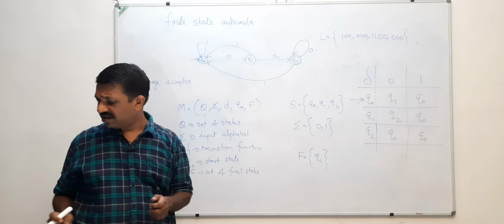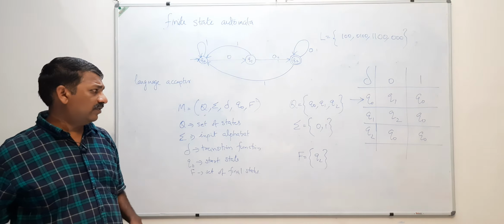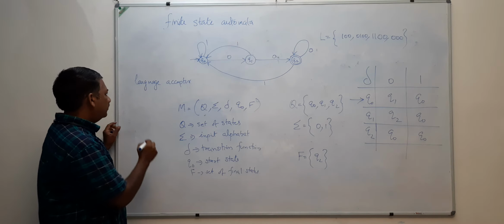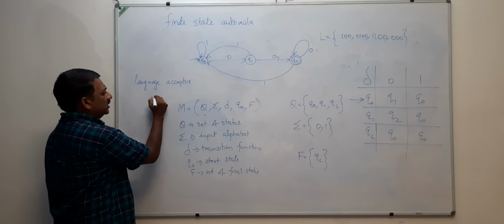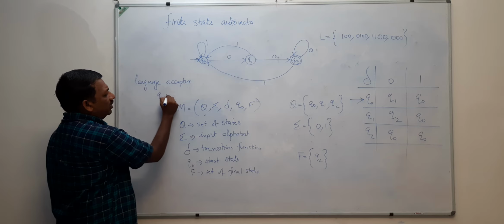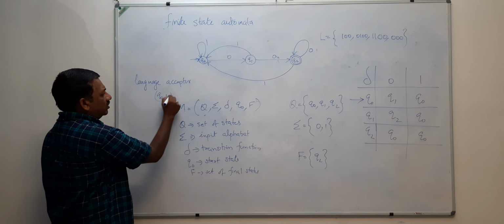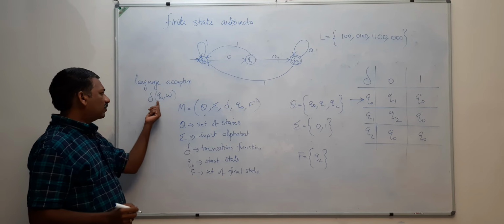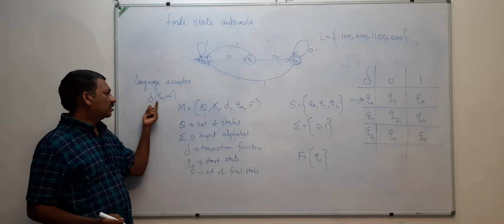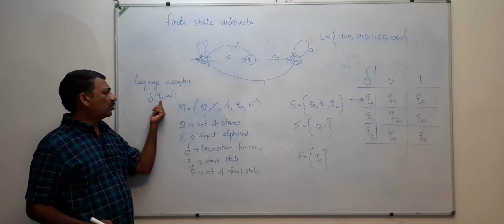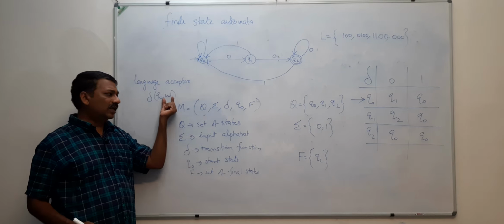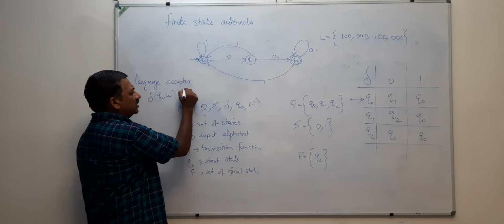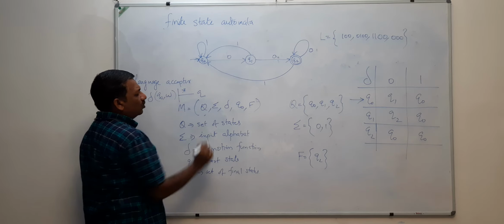That means if you are defining a language, and if delta of q0 w, where w is a string, that is, q0 on processing the input string w in one or more steps, reaches one of the final states.